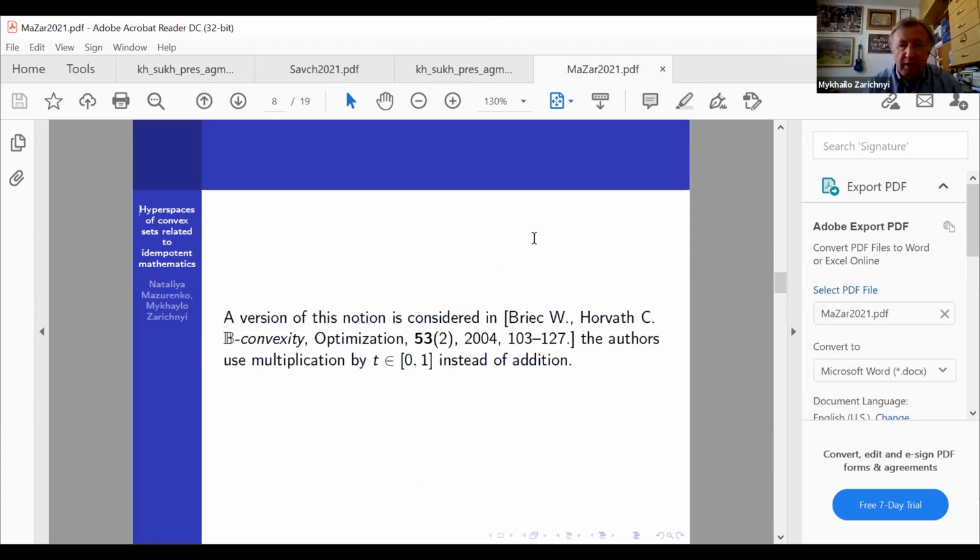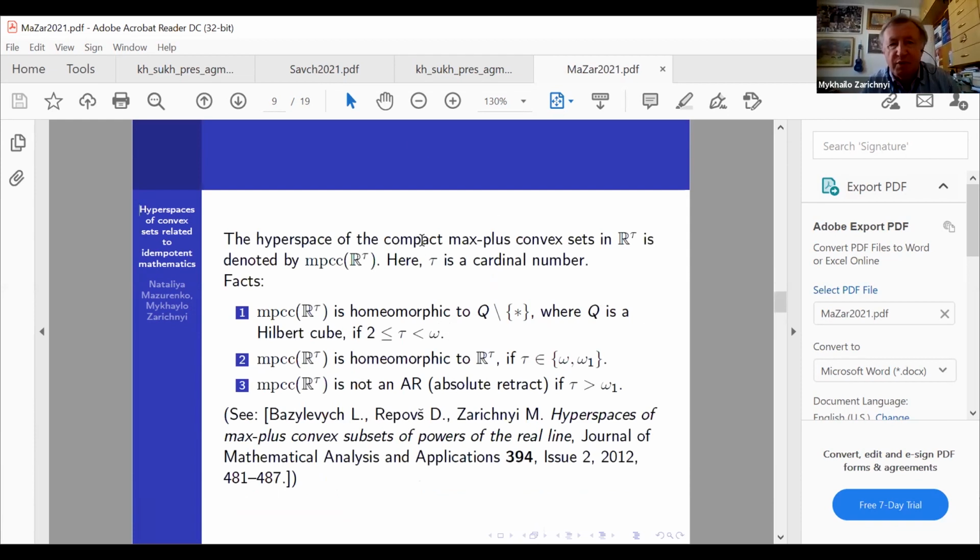Well, and now the hyperspace of the compact maximum plus convex sets in the tau power of R is denoted by MPCC, maximum plus compact convex, of R to the power tau. Here tau is a cardinal number, and the following facts are known.